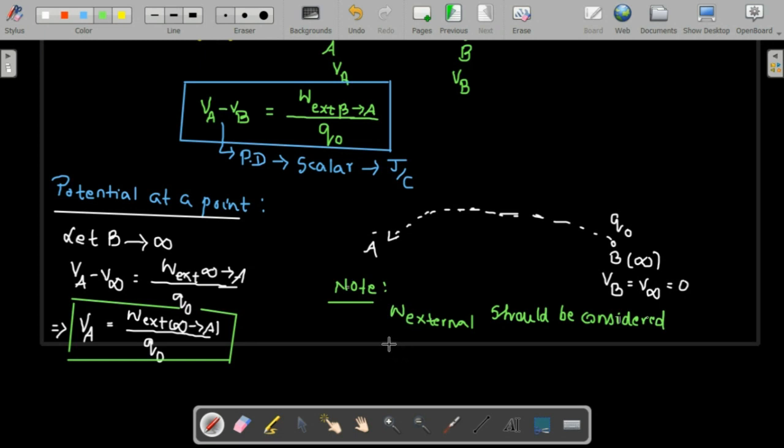That is very important. And of course we also know that work done is path independent. It does not depend on the path. Very important. So we have to remember these two concepts whenever we're talking about the potential.